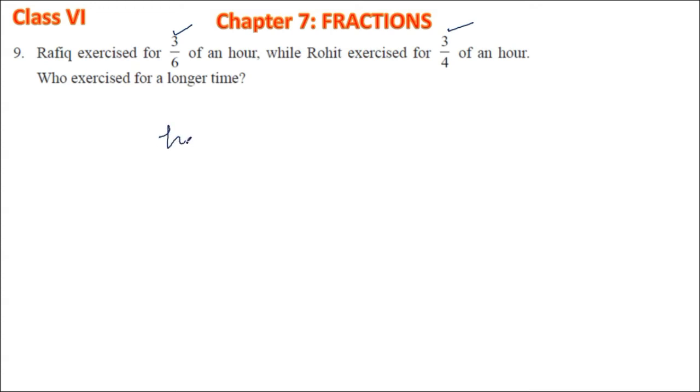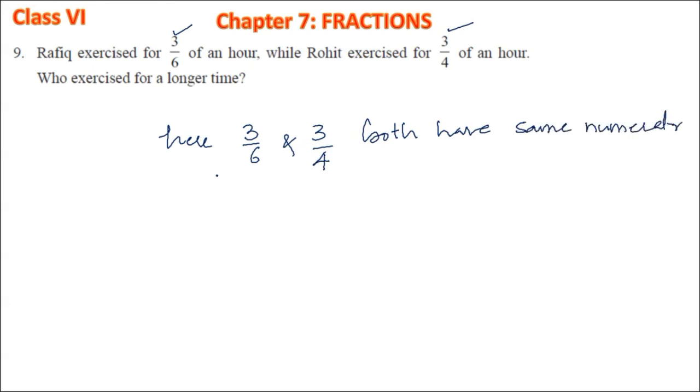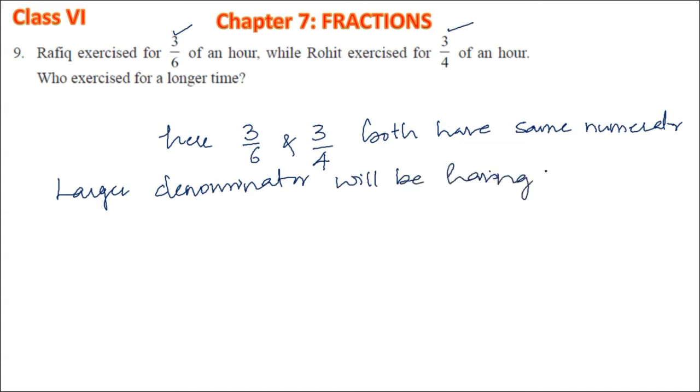Here, 3 by 6 and 3 by 4 both have the same numerator. When the numerators are the same, the larger denominator will have the smaller value.